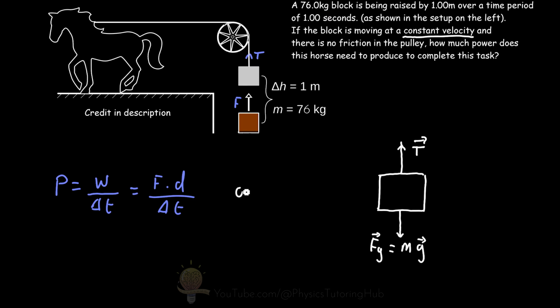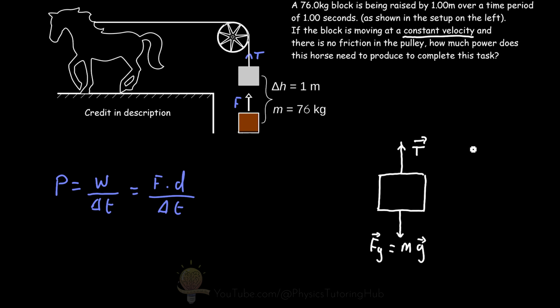Remember, the acceleration of an object is equal to its change in velocity over its change in time, which equals its final velocity minus its initial velocity divided by the time between these two velocities. So if the velocity doesn't change, then the final velocity and the initial velocity are exactly the same, and this term here will equal zero. So the acceleration will be zero.